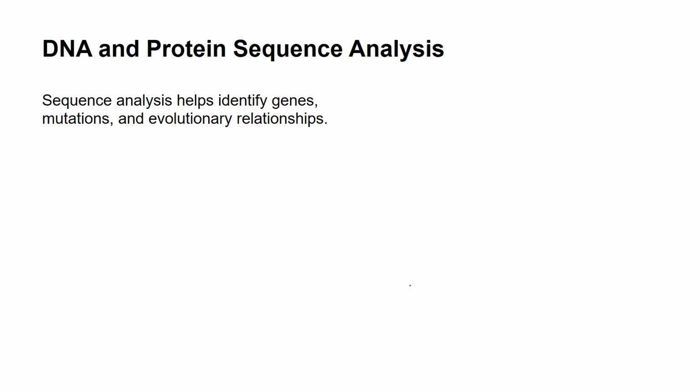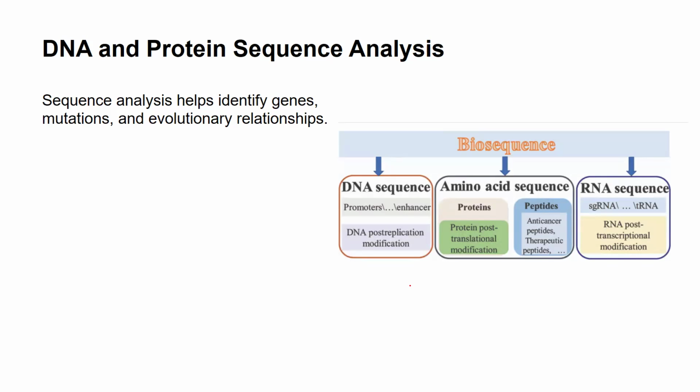You can get genes from human, you can get genes from monkey, like chimpanzee, and from there, you can see from the sequence analysis if they share any common ancestry. So that is one of the important things of sequence analysis.